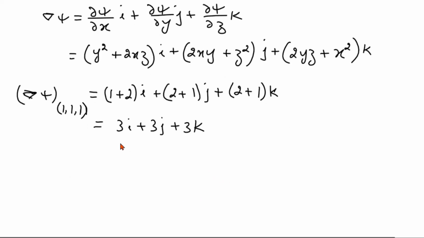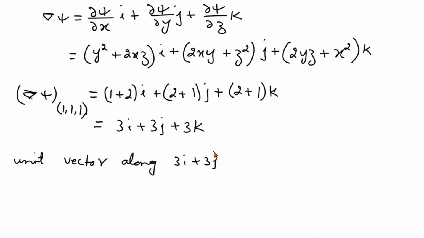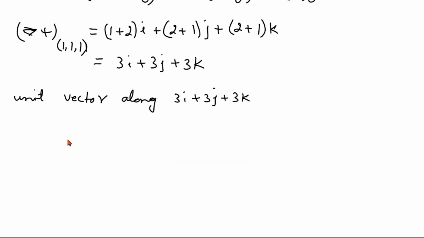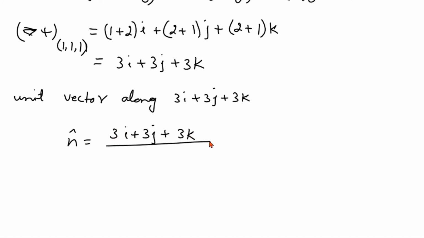Now I need to find the unit vector along this vector. Let us find the unit vector along 3i plus 3j plus 3k. n cap is equal to this particular vector, 3i plus 3j plus 3k, divided by the modulus of the same value.